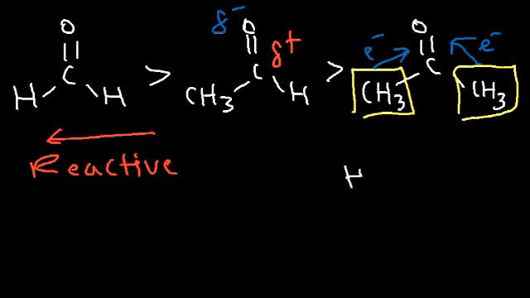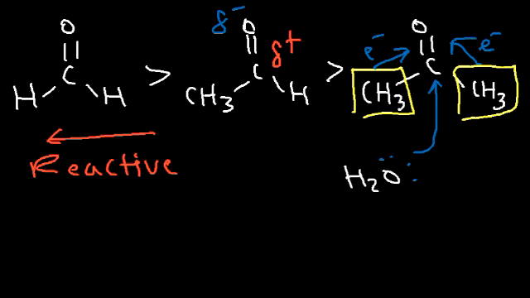And if you want water, which is a nucleophile, to react with the carbonyl group, it wants to react with an electrophilic carbon, not a neutral carbon. So the more electrophilic the carbon is, the more reactive it is. Because the methyl group is more of an electron donating group compared to hydrogen, it's going to make the ketone less reactive.